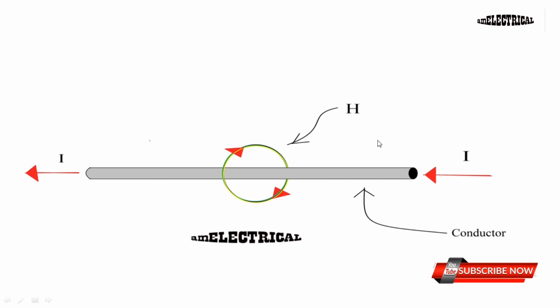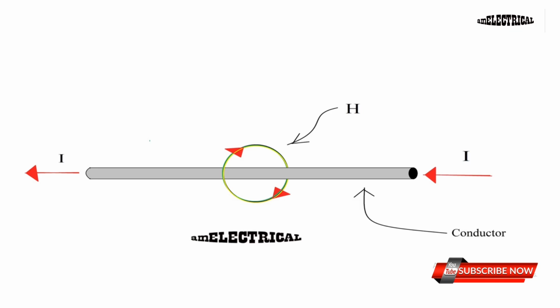That means if there is a magnetic field around the conductor, then a current will start flowing through the conductor. Look here, this is the conductor carrying I amount of current, and this is the magnetic flux of ring shape shown here in greenish yellow color.